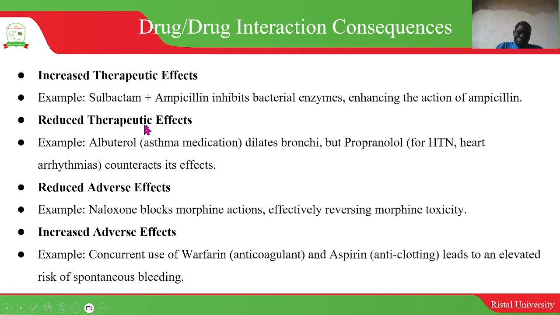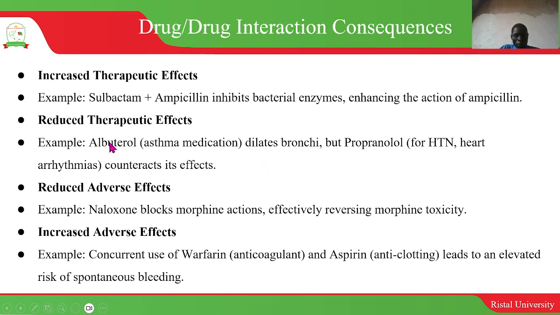We have reduced therapeutic effects. An example is the drug called albuterol. We know this drug is commonly used for asthmatic patients as it dilates the bronchi and therefore opens up the airway. So propranolol, which is used for hypertension, also counteracts its effects.